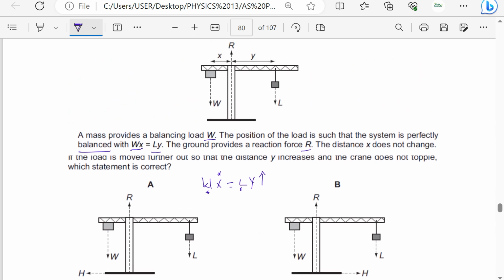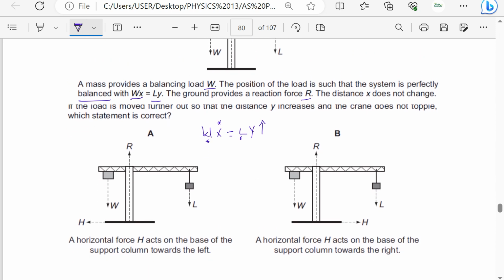If the distance y increases, it means the clockwise moment increases. If the clockwise moment increases, H will not cause a clockwise moment to balance that, so this one is out. Still, H here will not cause a moment to balance, because the clockwise moment will have increased, so that one is also out.